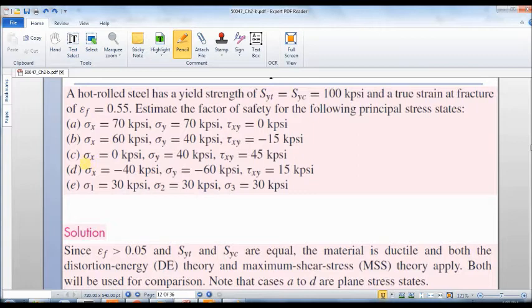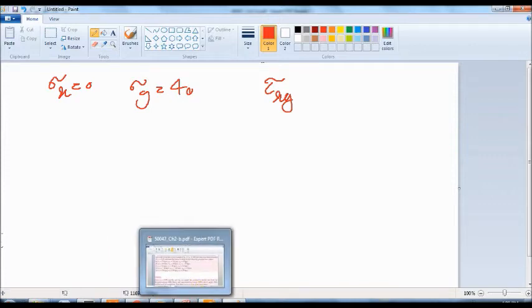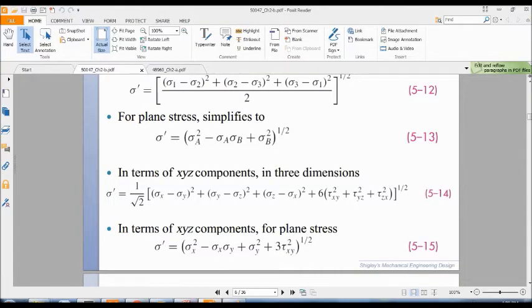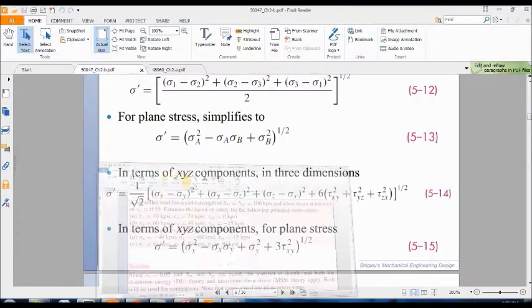As you can see, sigma x is 0, sigma y is 40, and tau xy equals 45.